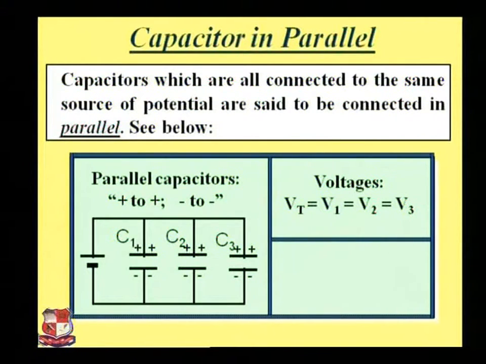So the total voltage Vt equals V1 equals V2 equals V3, where V1, V2 and V3 are the voltages for capacitors 1, 2 and 3. The charges are different in parallel capacitors, and the charge is the same for series capacitors. So taking the individual charges, the total charge Qt equals Q1 plus Q2 plus Q3.